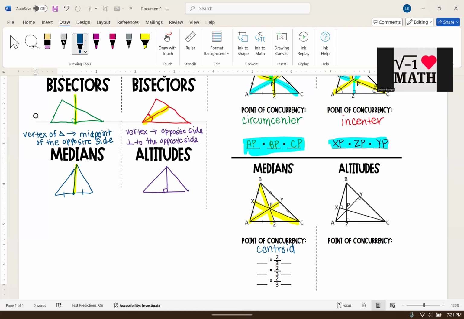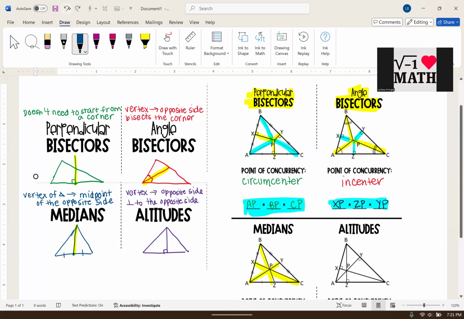Then this one here is harder to realize. But what happens is if you look at one of the medians, so looking at AY, the centroid breaks it up into two pieces. So we would have AP and we would have PY. There's two pieces there.